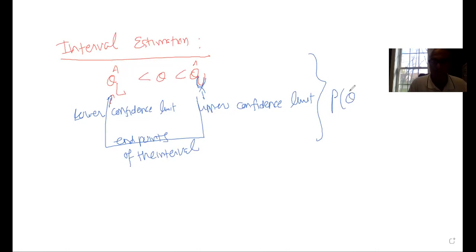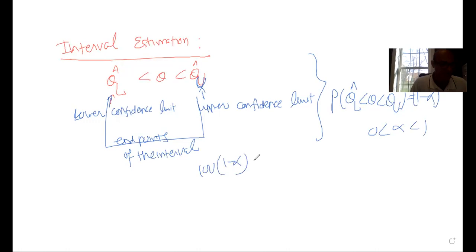So the probability that theta L cap is less than theta is less than theta U cap is always equal to 1 minus alpha, where 0 is less than alpha is less than 1, alpha always lies between 0 and 1, so that the probability is always between 0 and 1. One more thing: whenever you multiply this 1 minus alpha by 100, that gives the percentage. That is called the confidence interval.